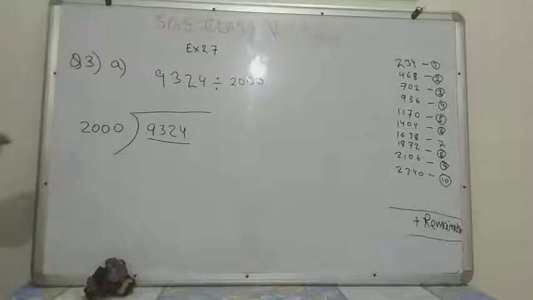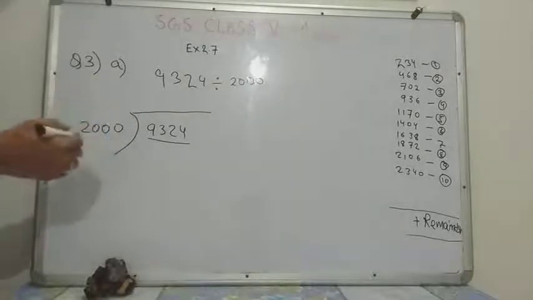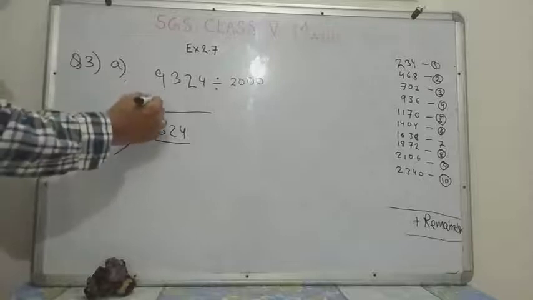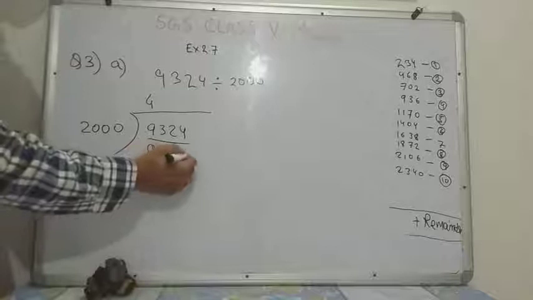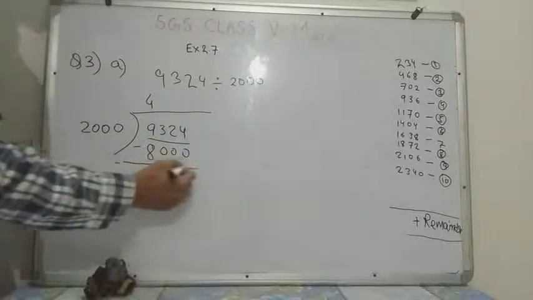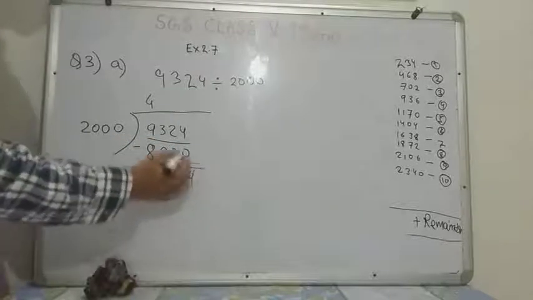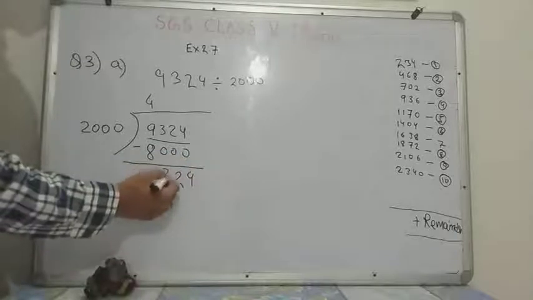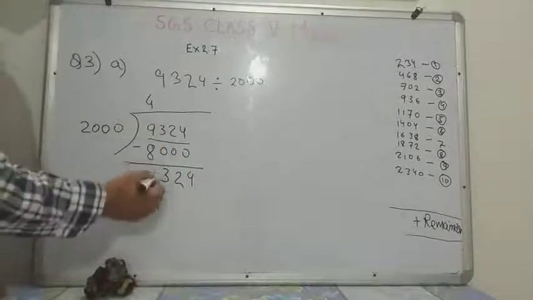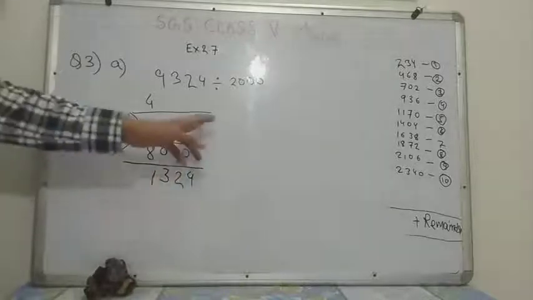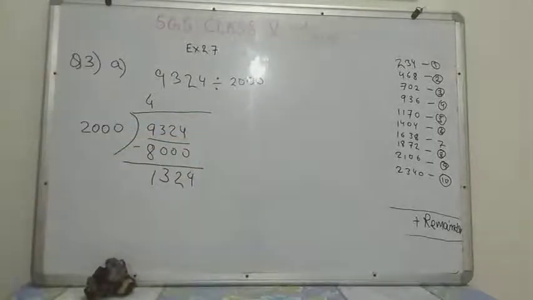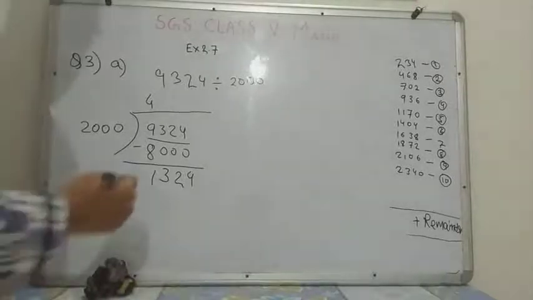You can easily see it comes under the multiple of 4 times, that is 2 times 4 is 8, and when we subtract, it comes 1, 3, 2, 4. Now we check, there is no remaining digit, so our final answer is this.